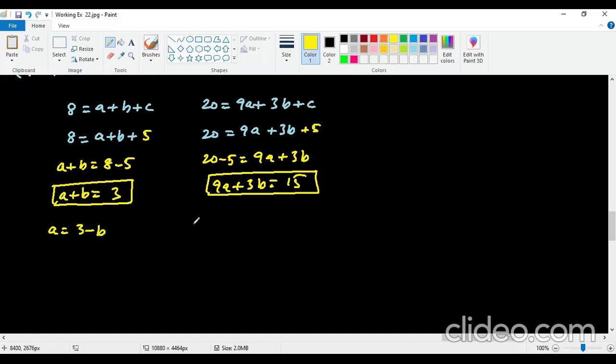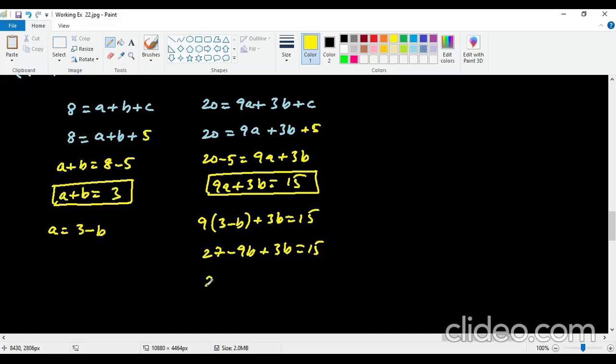Now I will plug this 3 minus b in place of a in 9a plus 3b equals 15, and this is going to give us 27 minus 9b plus 3b equals 15.